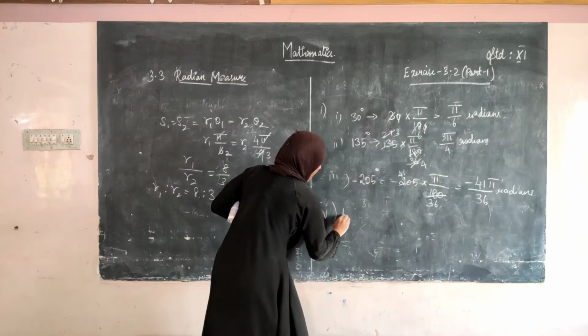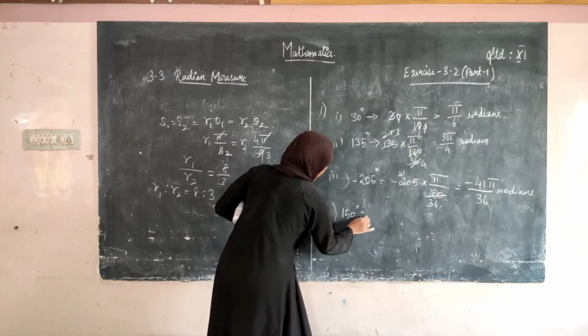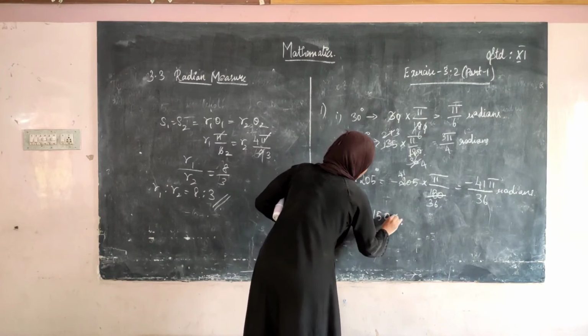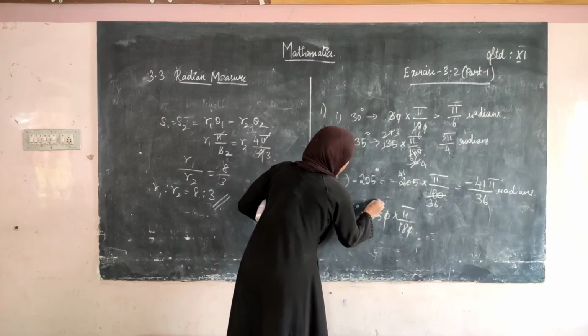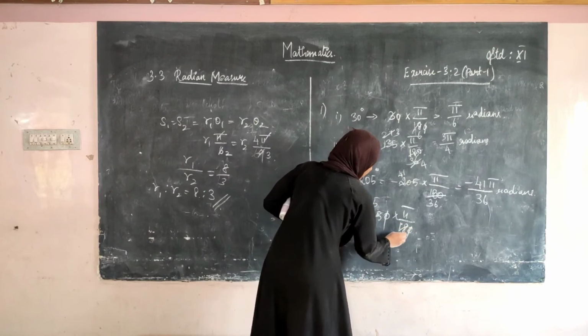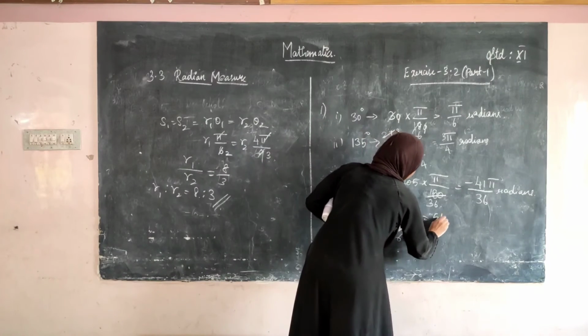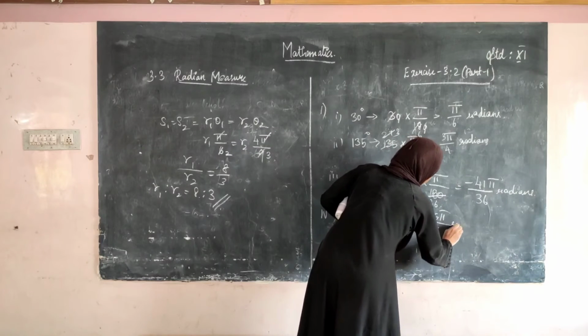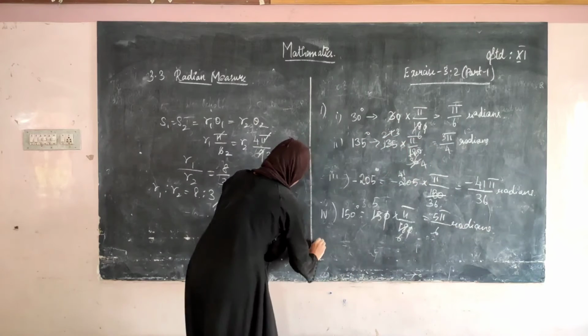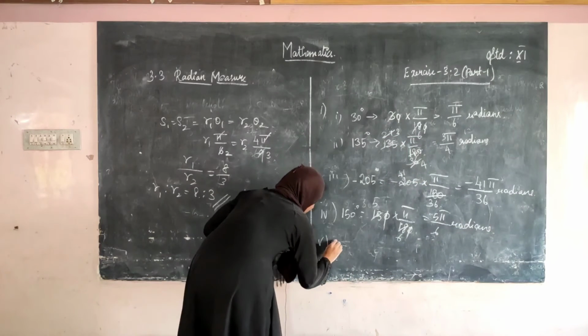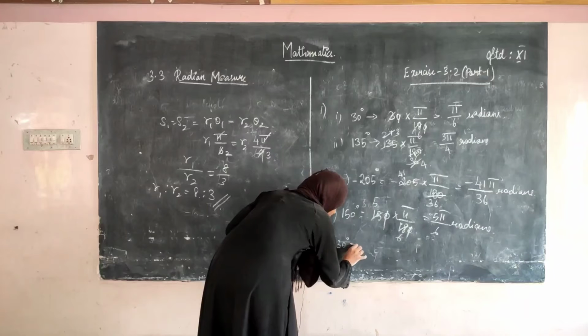See the fourth subdivision. The fourth subdivision is 150 degrees. So 150 into pi divided by 180. The zeros get cancelled. So 5 threes are 15, 6 threes are 18, which is equal to 5 pi divided by 6 radians. And then the fifth subdivision is 330 degrees to radians.